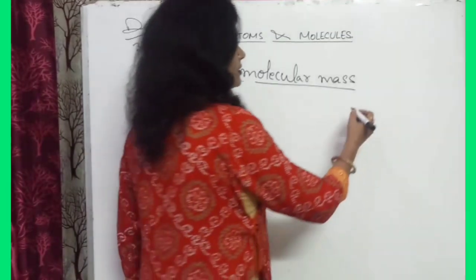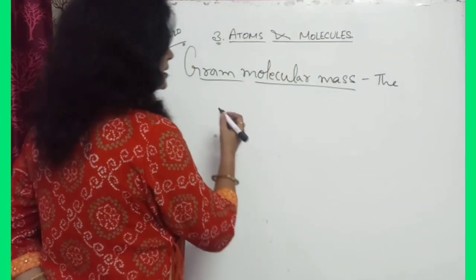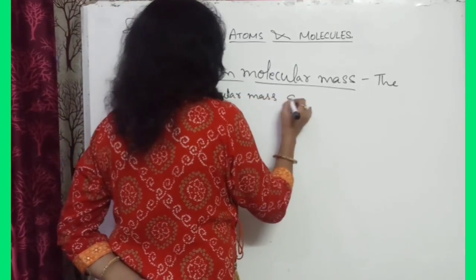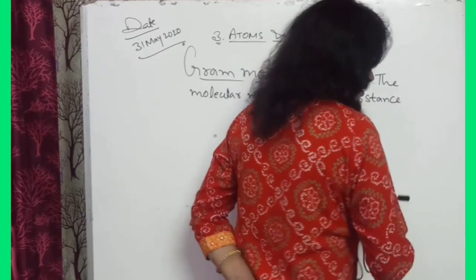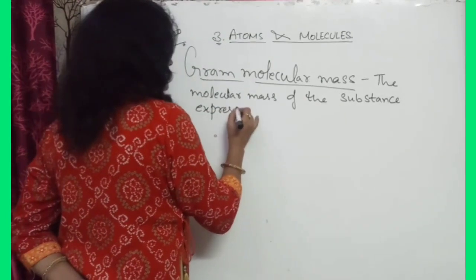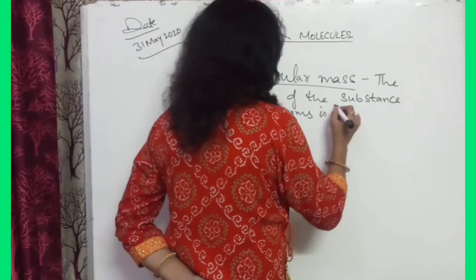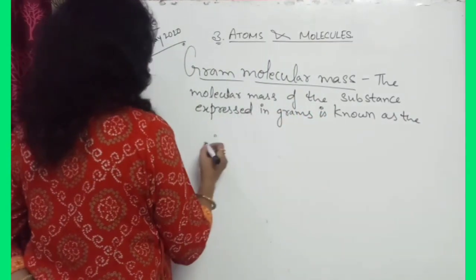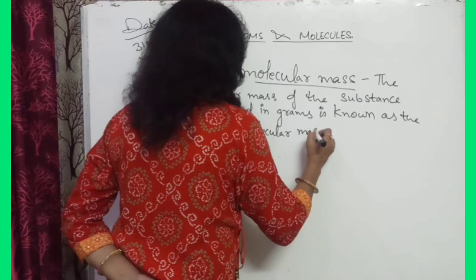So you can write: the molecular mass of the substance expressed in grams is known as the gram molecular mass.